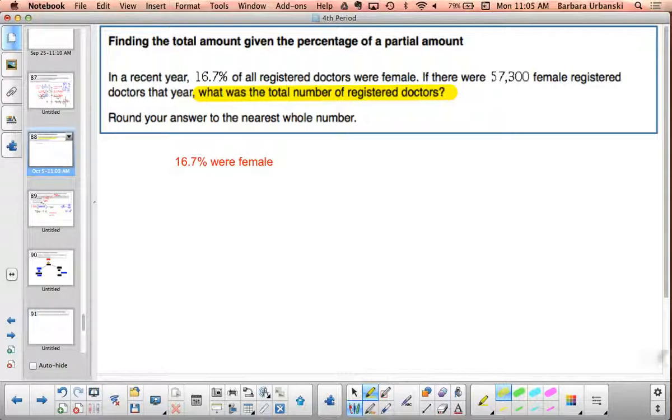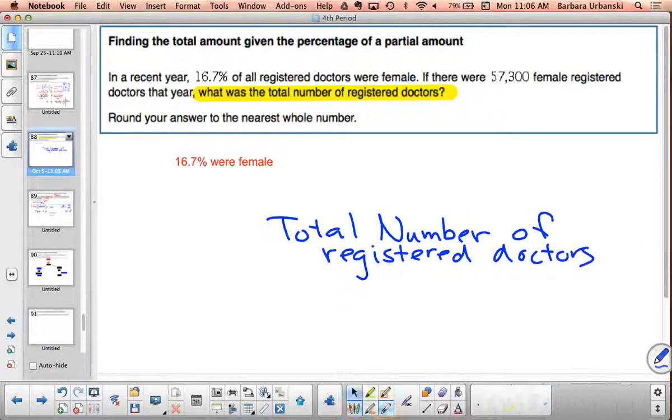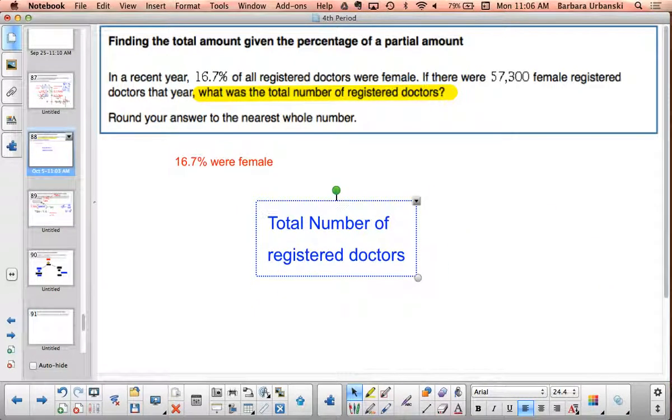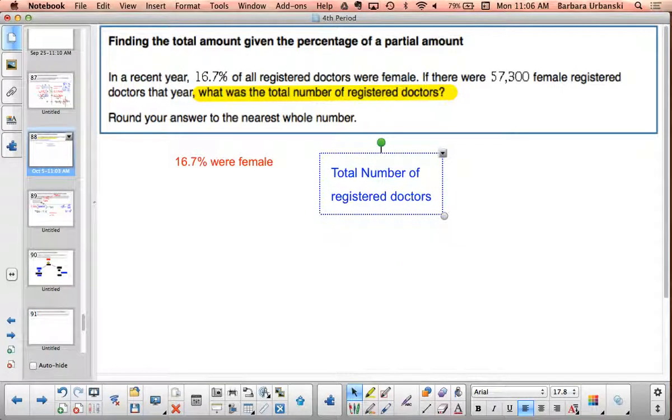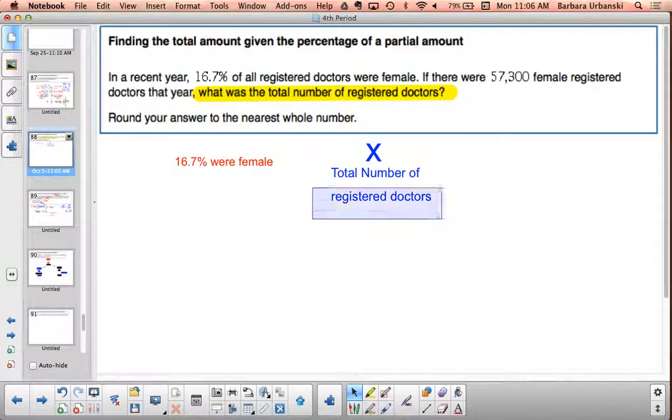So I'm going to say that we've got the total number of registered doctors, and if we don't know what the total number would be, we would use a variable. In this case, we're going to just go ahead and use X. That's what we've been using. So we've got an X, that's the total number of registered doctors, and it's something that we don't know right now.